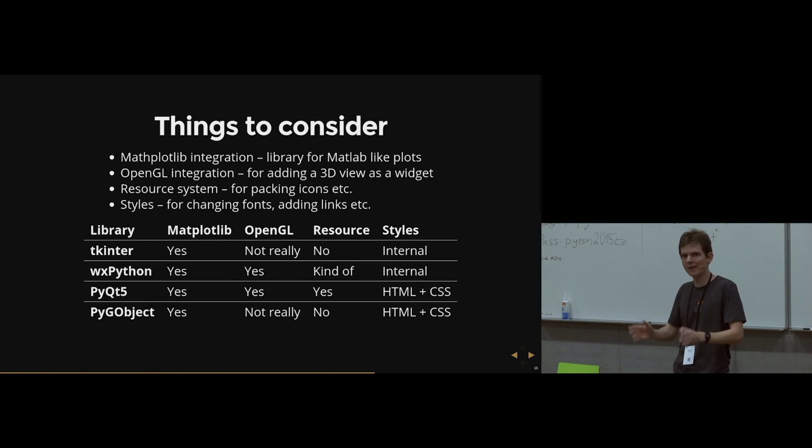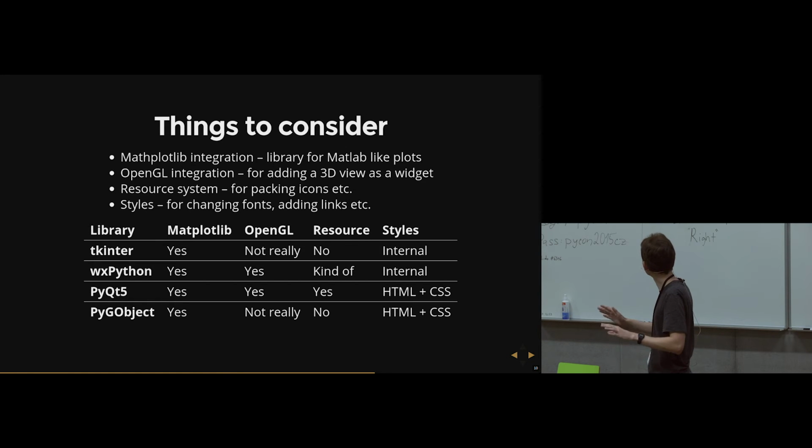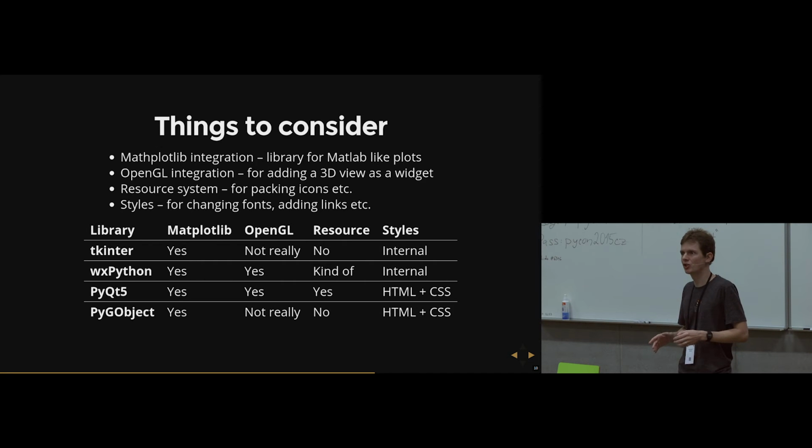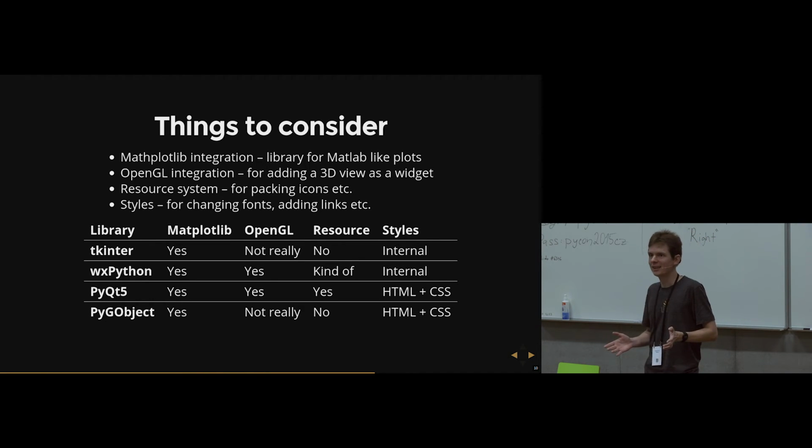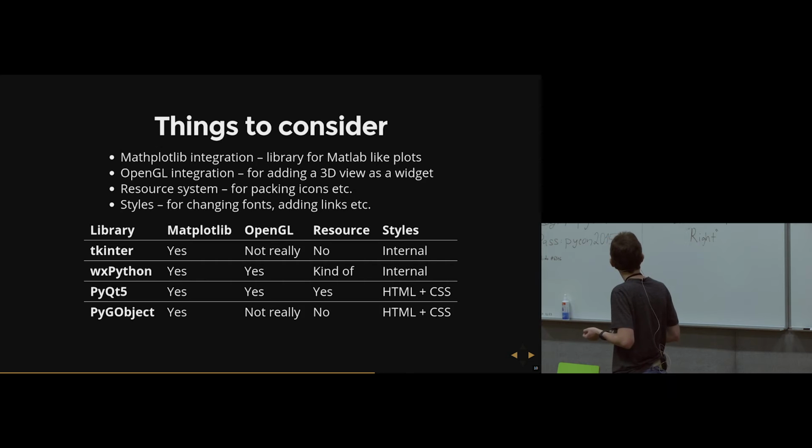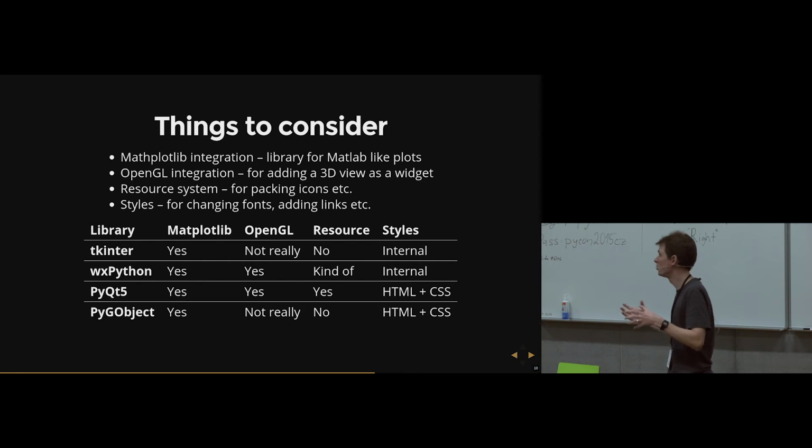So you just put it there, write your OpenGL code, bind it to some events, and you are done. Some of them are not included. There are third-party options, which I didn't try to use, and which may be hard. For example, for Tkinter, I found one. The development ended in 2006. So maybe it works, maybe it doesn't.